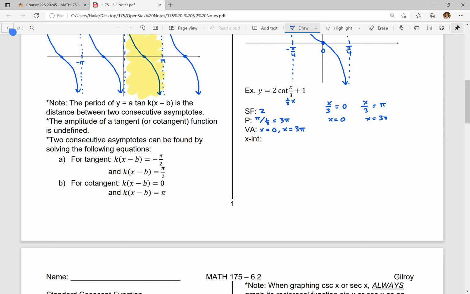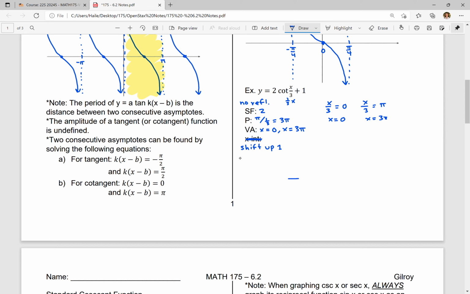And then I want to make one other little note. We're going to have no reflections, and we're going to shift up 1. So we're going to shift up 1 because of this 1 that's added to the function at the end. Okay, and for this one, we're going to skip the x-intercept because it gets a little bit complicated, and I don't want to go there at this time.